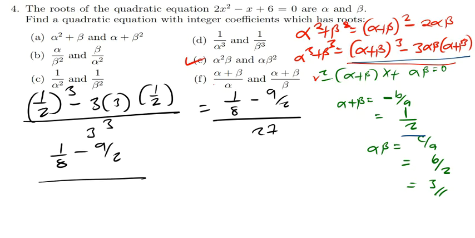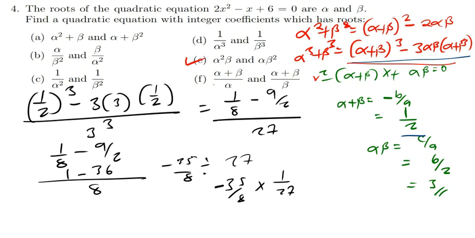Let's first find this. The common denominator is 8. So here I'll have 1 minus 36, I'll end up having negative 35 over 8, but then divided by 27. Negative 35 over 8 times 1 over 27. So what do we expect?